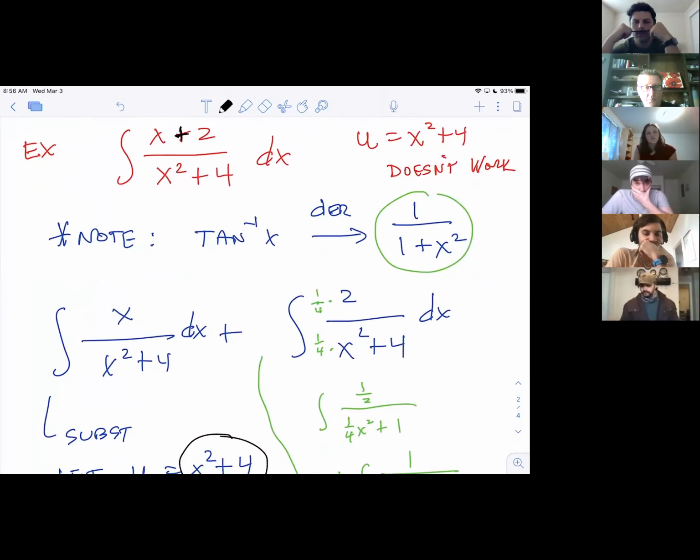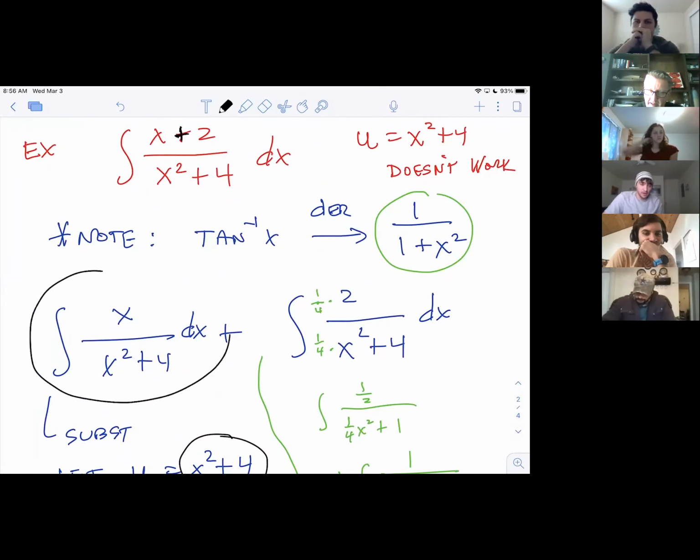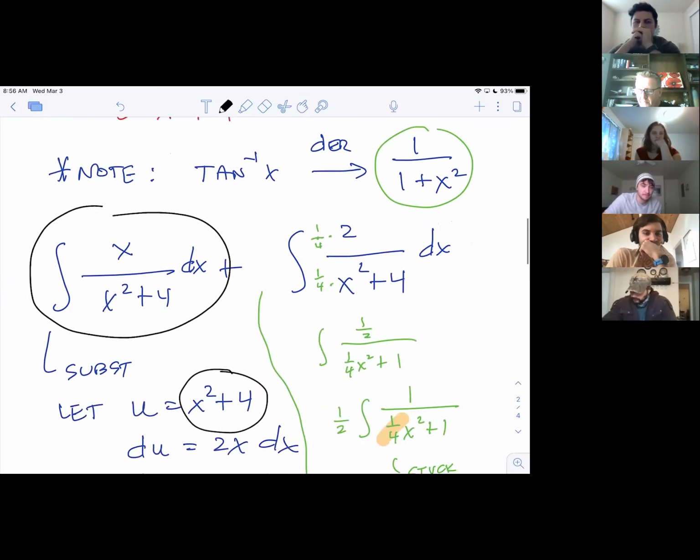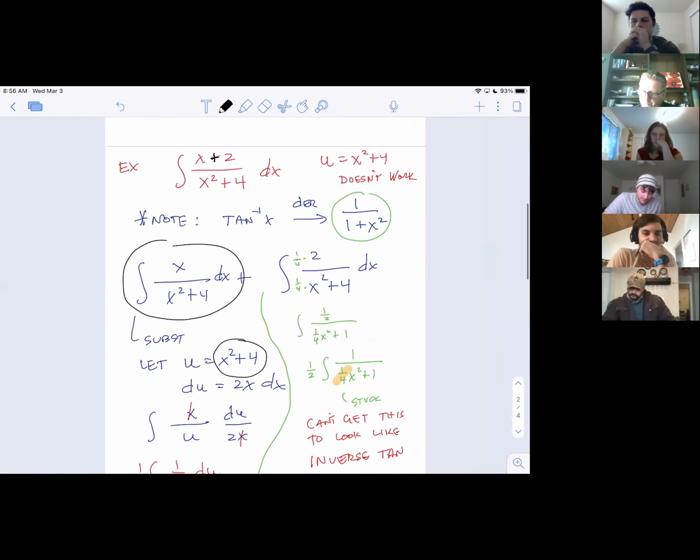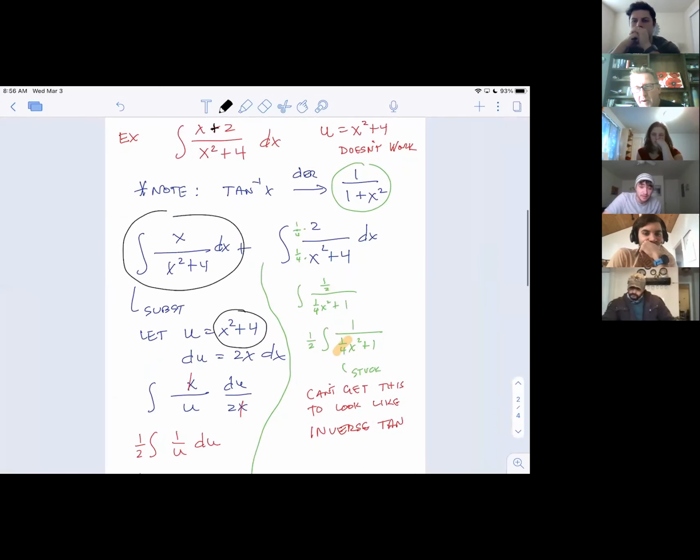Usually you're adding fractions and putting them together; we unadded them. And we like this, that's familiar to us, from back in chapter 5 or 6. And then the second one looked a little bit like inverse tangent, but we still had to be pretty darn creative to get it to look exactly right. I say we, meaning Eve. And so we found a way out of this mess. That's amazing.